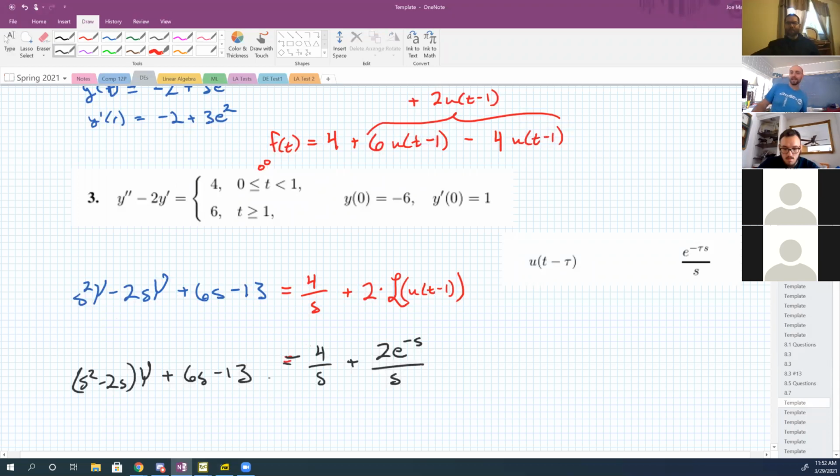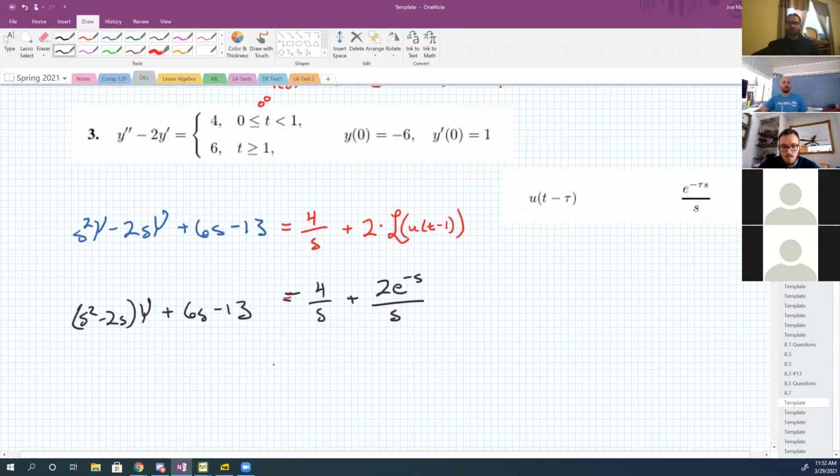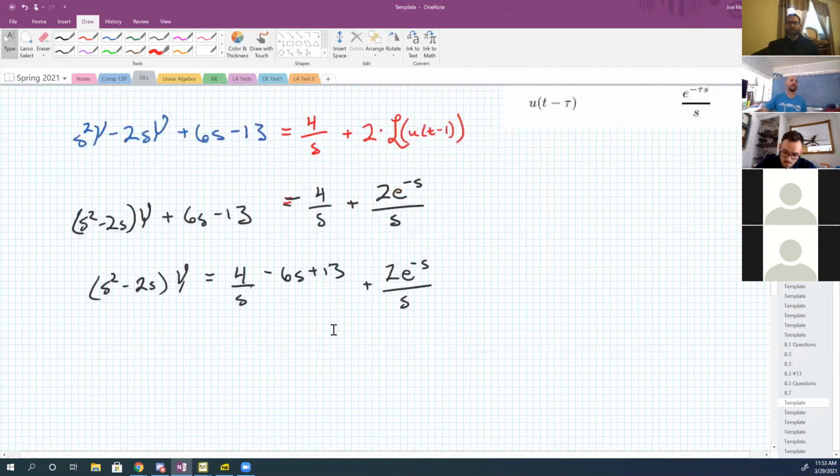And then we're going to see a lot of the same stuff here, right? You guys see that? So after I subtract my 6s and my 13 to the other side, I'm going to have s squared minus 2s times my capital Y equal to 4 over s minus 6s plus 13 plus 2e to the minus s over s, and then we're going to divide a little bit.